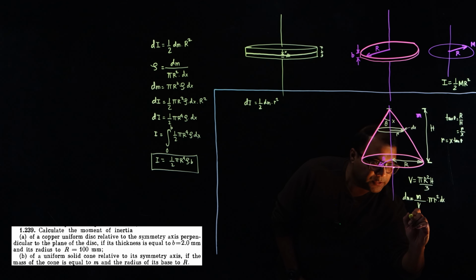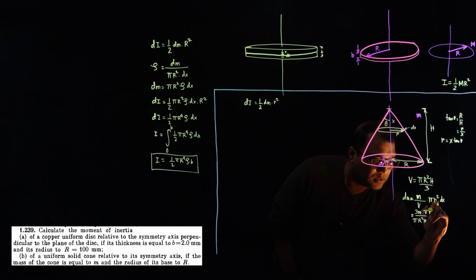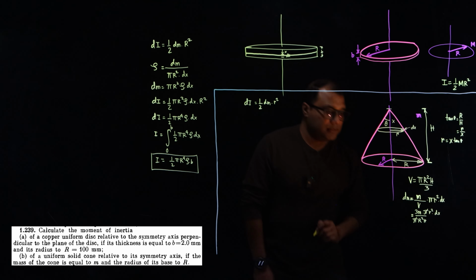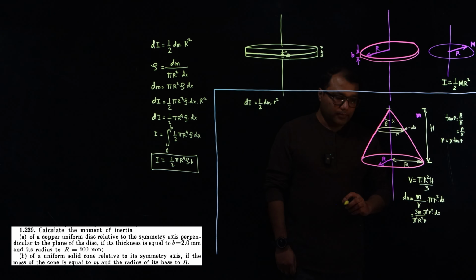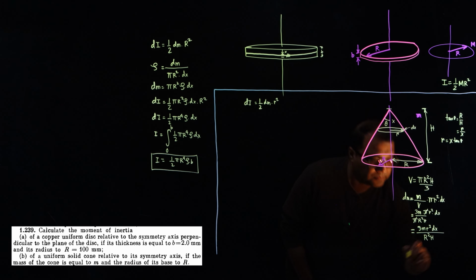So if I substitute, this becomes m by pi r square h by 3, times pi small r square dx. So pi gets cancelled. So this turns out to be 3m small r square dx divided by capital R square h.